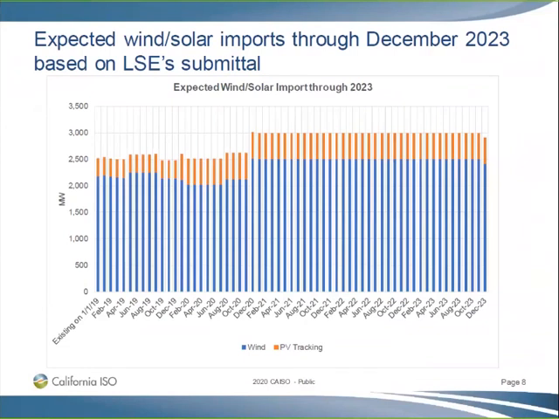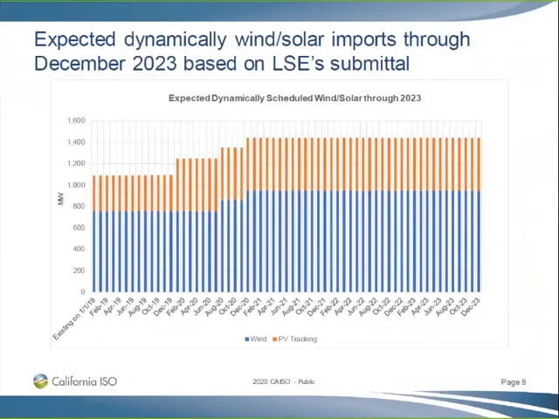Slide 9 shows you that roughly about half of that input is going to be dynamically scheduled into the ISO. We broke that out by wind and PV, and most of that is PV tracking that's coming in as dynamically scheduled. This is what was included in slide 7 to calculate the flexible capacity requirement for 2021 and the advisory for 2022 and 2023.